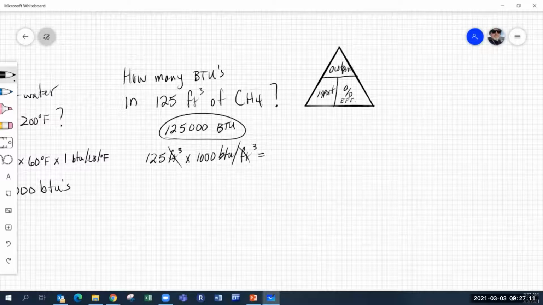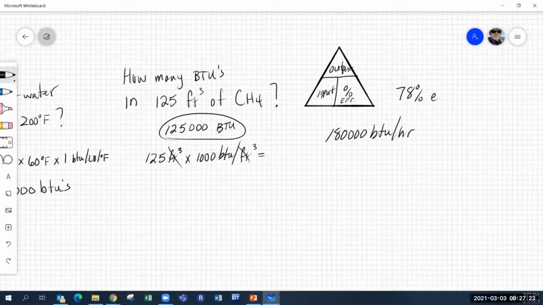Okay. So if I had an appliance that burned 180,000 BTUs per hour, and I told you that this appliance was 78% efficient, what is my output? And the output is how many BTUs it's putting into the air or the water or whatever it is.